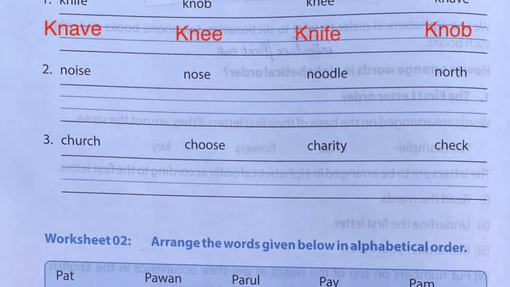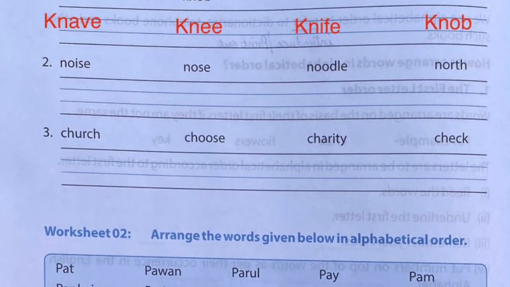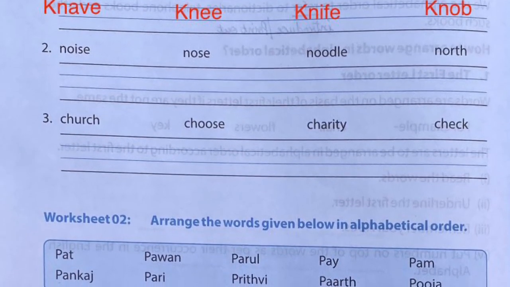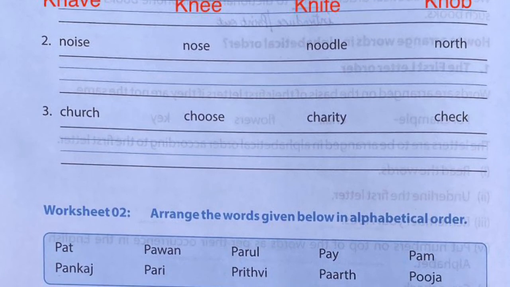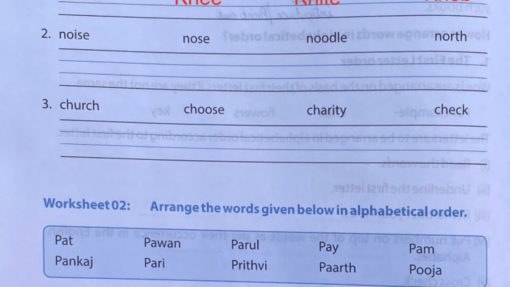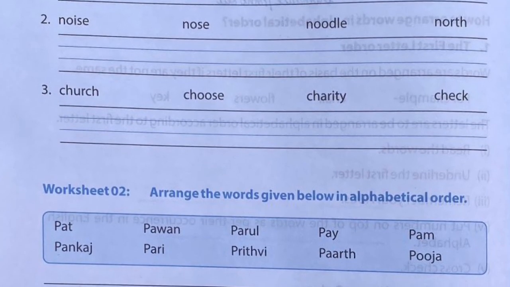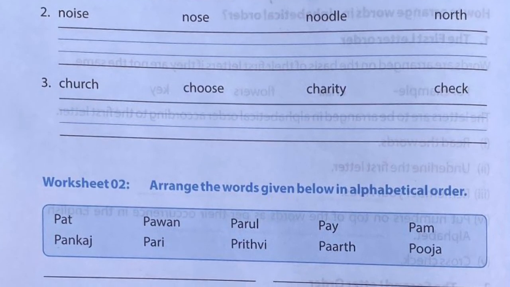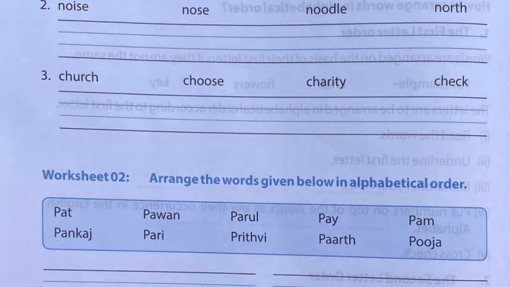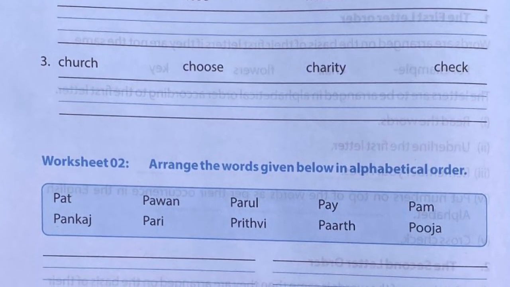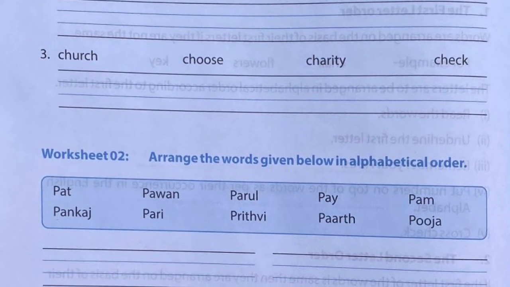So here it is third letter order. All the words start with KN, so we have to look at the third letter to solve it. The first word will be knave, second will be knee, third will be knife, and fourth will be knob. Like that you have to solve the second and third one.